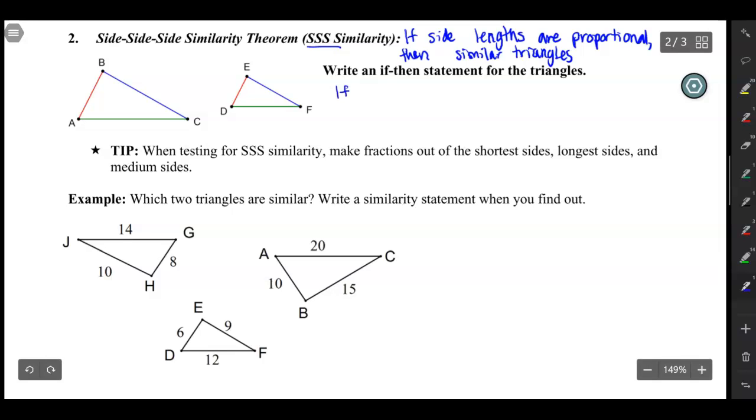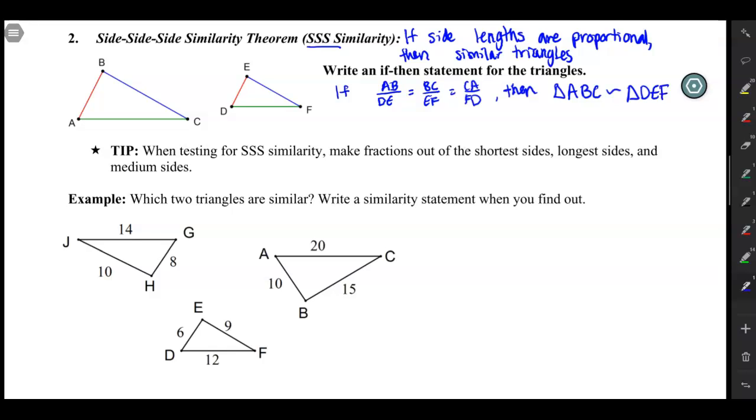If I know that AB over DE is equal to BC over EF is equal to CA over FD, and all those are true, I've proved that all the side lengths are proportional, then I can say that triangle ABC is similar to triangle DEF. It's as simple as that.